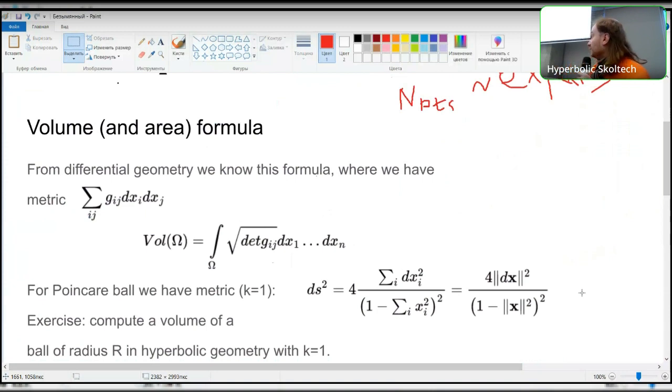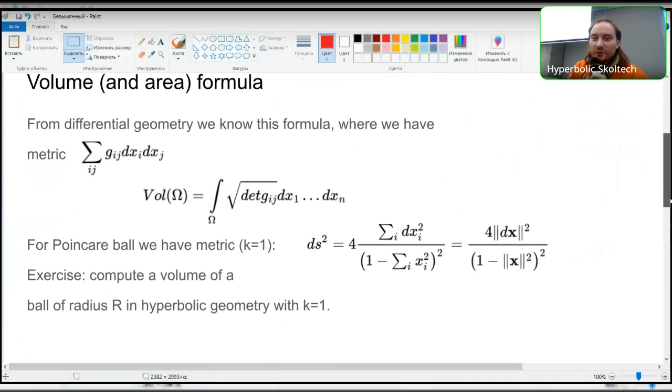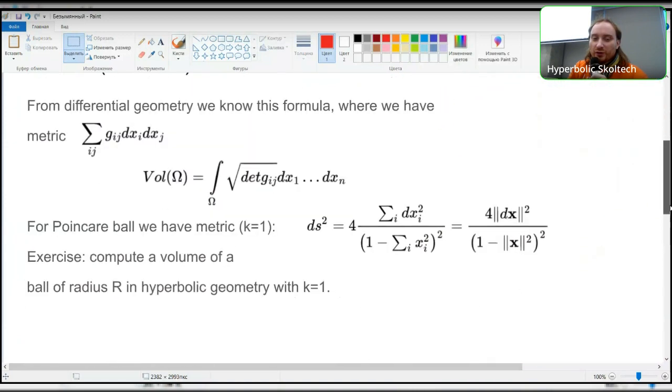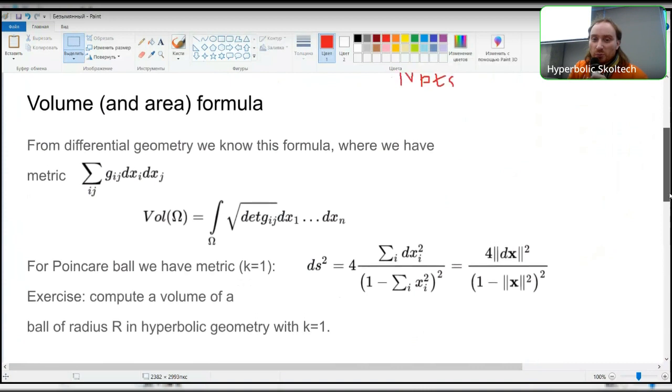So you have probably seen some scary model. You see something like this metric, you should integrate this, and somehow you should derive a formula for the n-dimensional volume of a ball of radius r. Where should I start, probably?